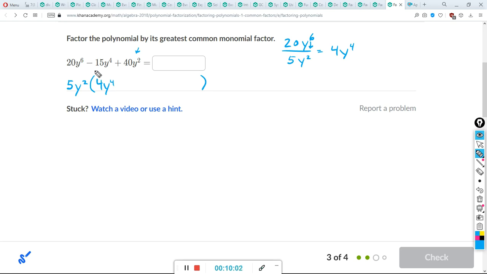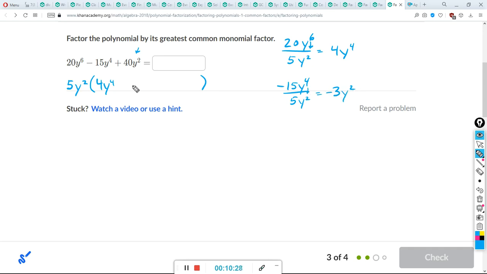For the second term, negative 15y to the fourth divided by 5y squared. Negative 15 divided by 5 is negative 3, and y to the fourth divided by y squared is y squared, because 4 minus 2 is 2.